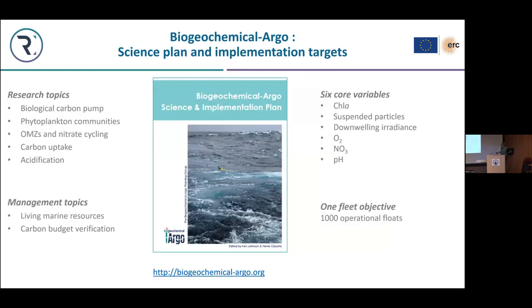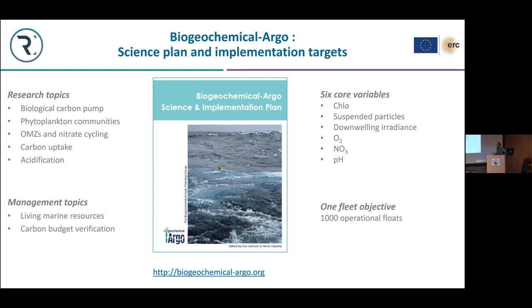So briefly about the biogeochemical Argo program, we set up the science and implementation plan in 2016, where we identified several research topics, including the biological carbon pump, the phytoplankton communities, the oxygen minimum zone and the nitrate cycling, the carbon uptake and the acidification.